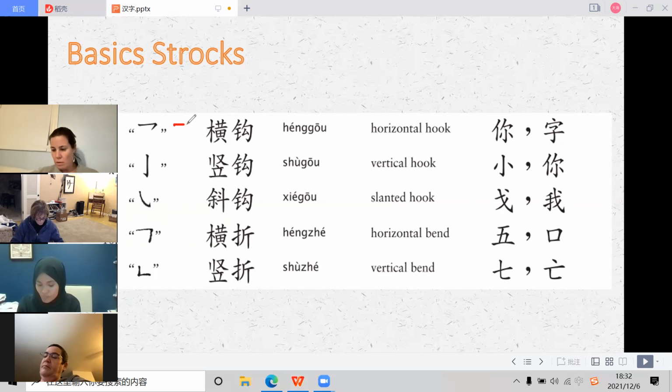It's like this, from left to right. 横钩. For example, we have learned 你, right? And this is 撇, 竖, 撇, 横钩.